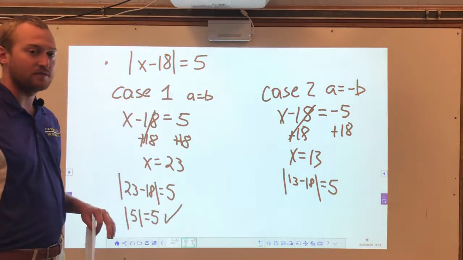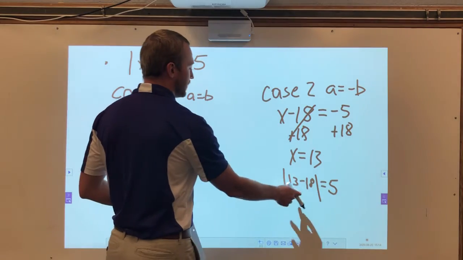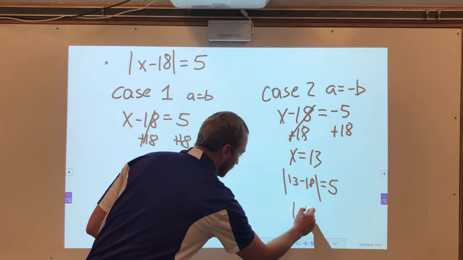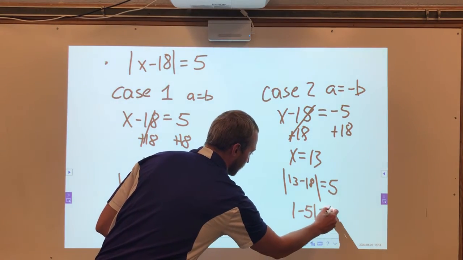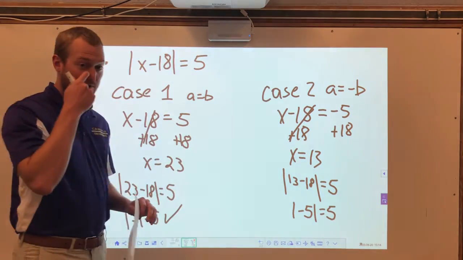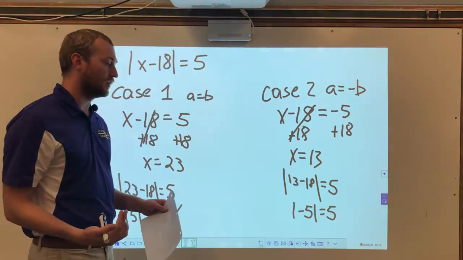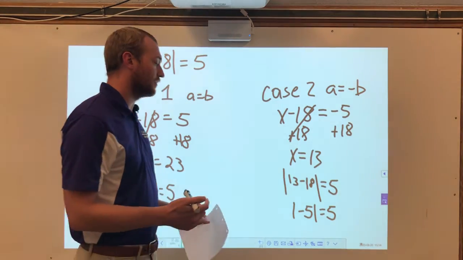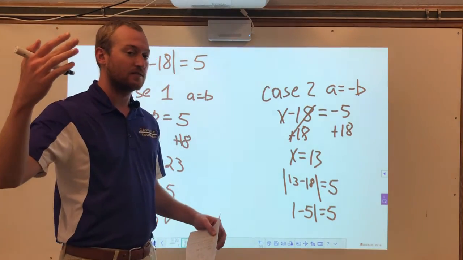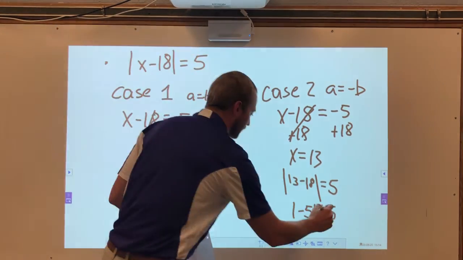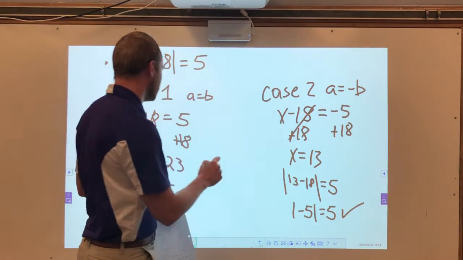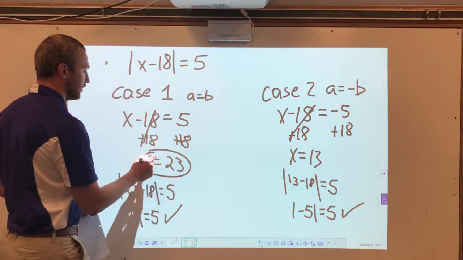Again, we're testing to see if this is true. 13 minus 18 is going to give us negative 5. So now we have the absolute value of negative 5 equals 5. And again, that is true, right? Negative 5 has a distance of 5 away from 0. That is also true. So both of these answers are correct.